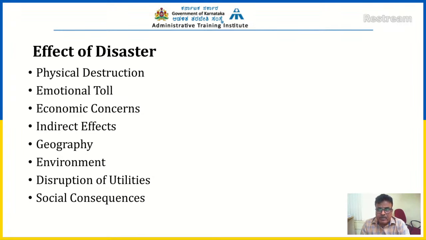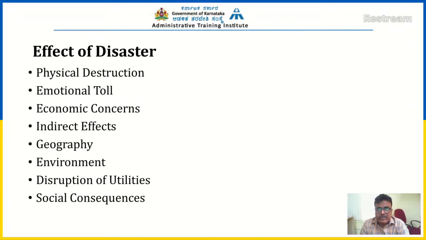There are more social impacts, psychological impacts, mental effects which are unseen by the officers whenever they go for providing relief, rehabilitation, compensation, etc. So indirect effects are more prevalent in any disaster as compared to physical or direct effects. Geographically also they get affected. As you can see, many rivers have changed their directions.